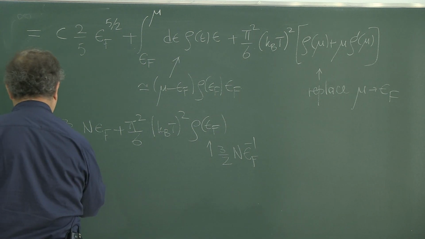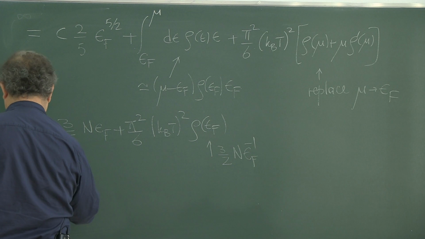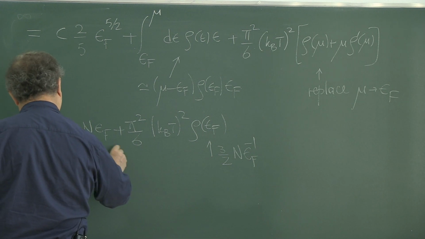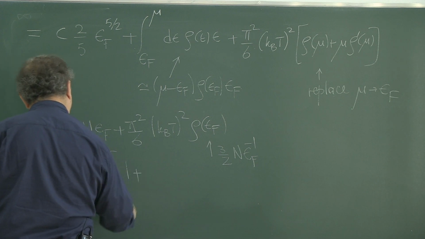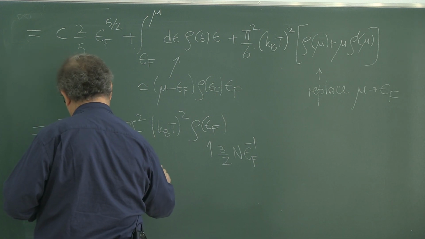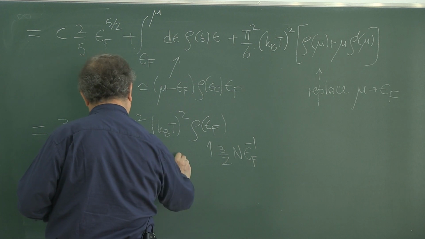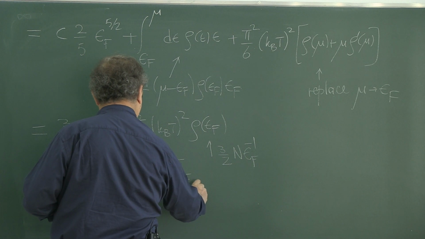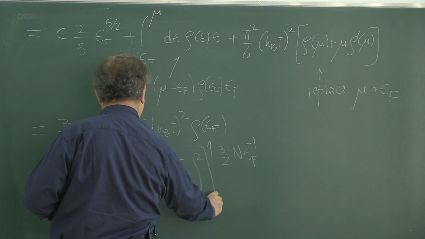So the result can be written as 3/5 N EF, 1 plus 5 pi squared over 12, T over TF squared.